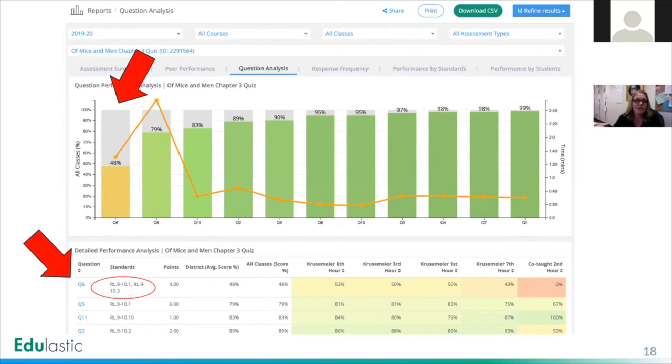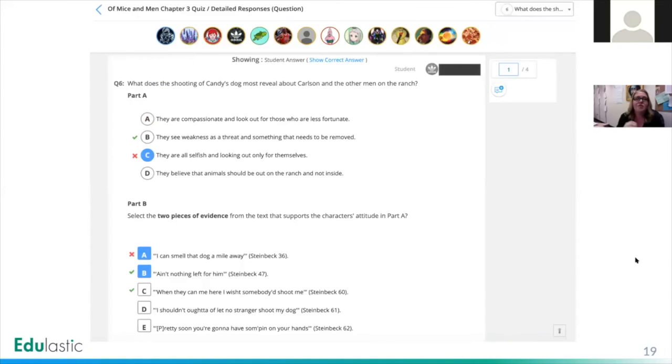So the greatest thing about Edulastic is that bottom red arrow where it's pointing to question 6, I can click on that question 6. And so when I click on question 6, not only do I see the question, and this is, Susie, this is what I was talking about when I'm able to show you the part A, part B questions.